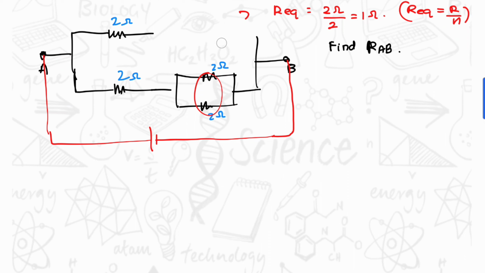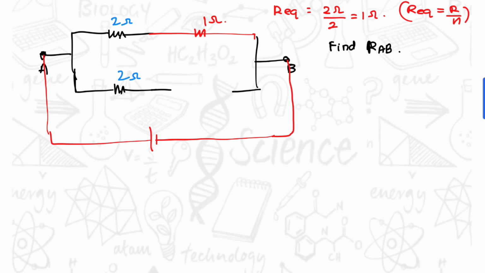Let's just replace this with a 1 ohm resistor. And the same thing will happen here. So we get 1 ohm, and 2 and 1, these two are in series.